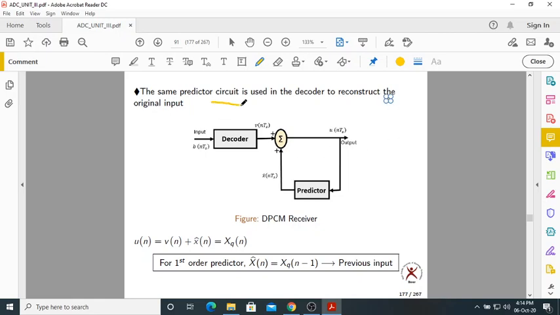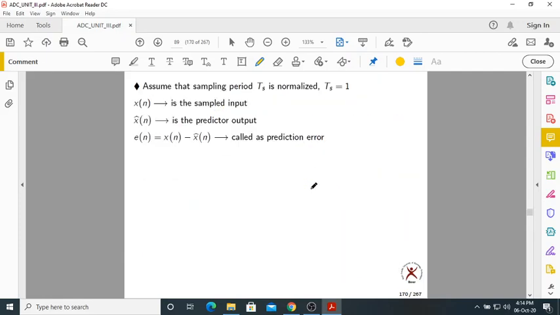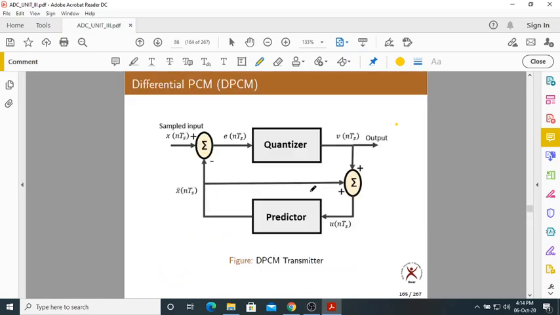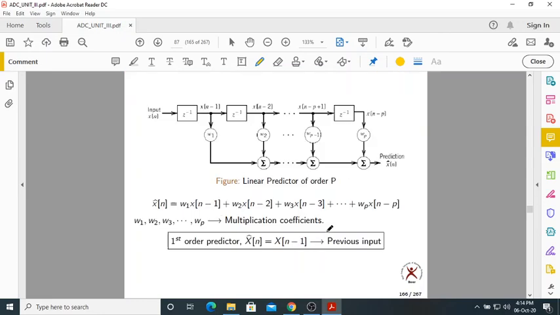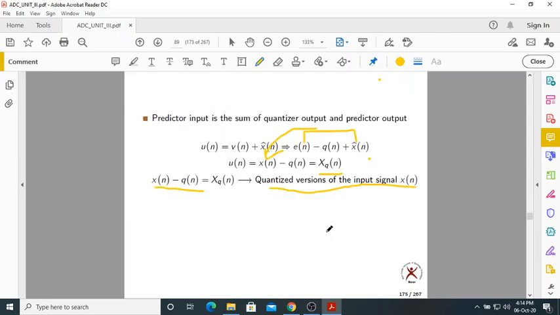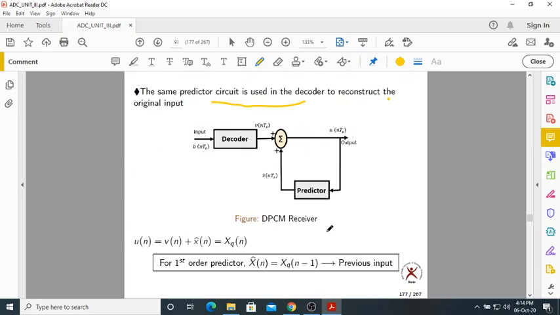So now here this is the DPCM receiver. The same predictor circuit is used in the decoder. Suppose we are using some predictor circuit in the transmitter, the same thing has to be used in the receiver. So the receiver is something like this.